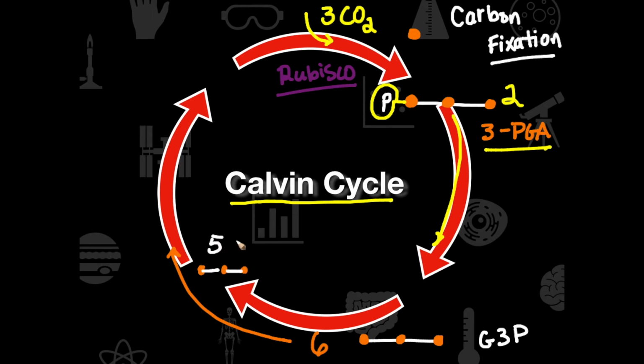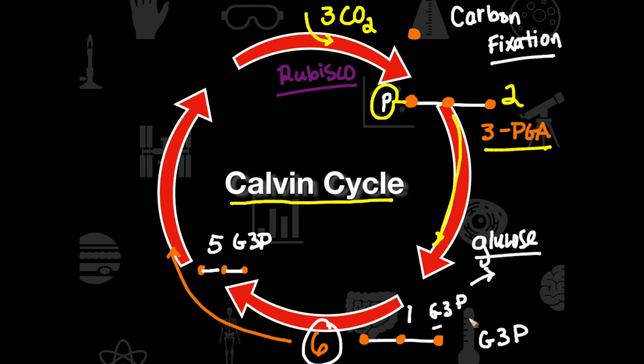So 5 of these G3Ps goes back into the Calvin cycle. And then of the 6 that we have, only 1 G3P actually goes out. And this G3P is what we turn into glucose. So we turn that G3P into glucose.